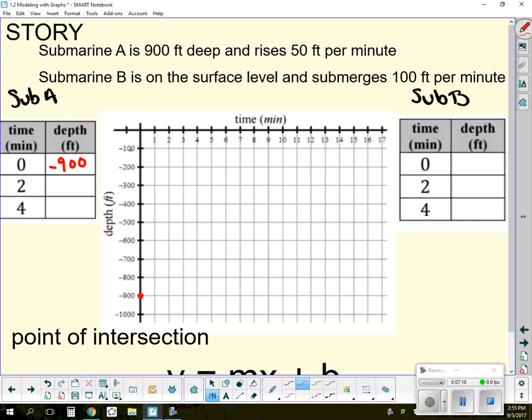But over here on our y-axis, we are labeled in every 100 units. So to go up 50, we're only going to go up halfway in 1 minute. So our next point should go here. 50 more feet in a minute, 50 more feet, 1 minute, and you can continue that pattern.